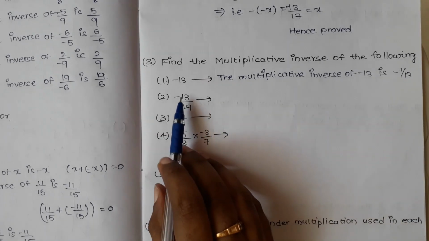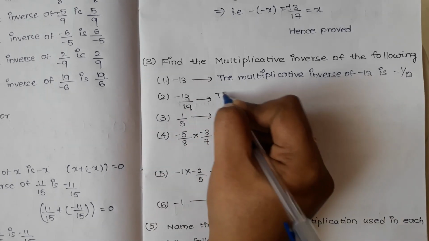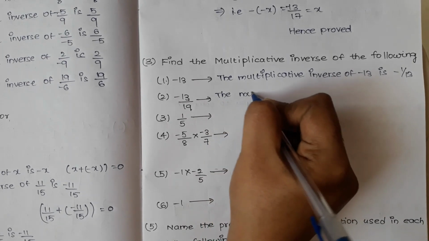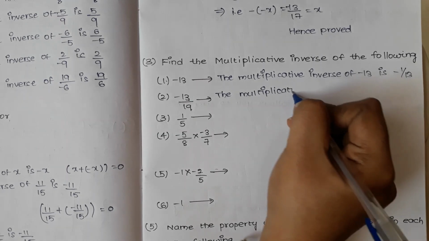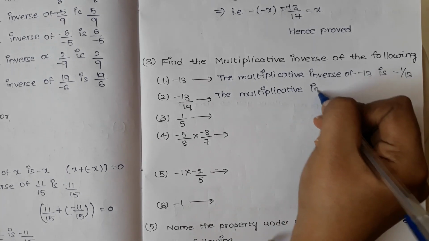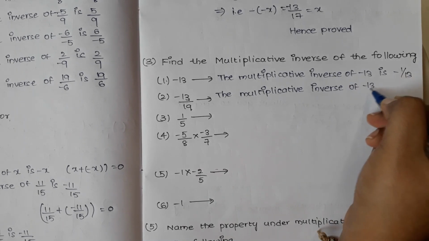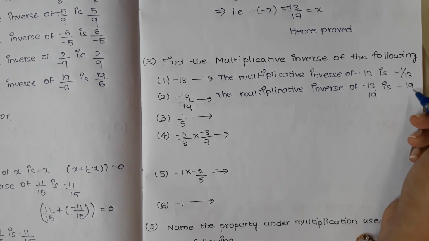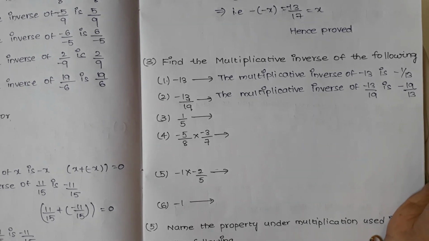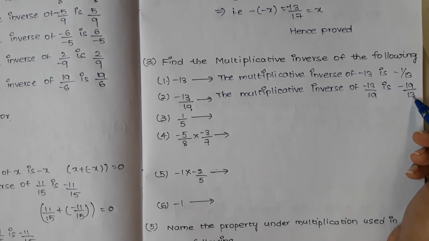And second question, minus 13 by 19. The multiplicative inverse of minus 13 by 19 is minus 19 by 13, which is the reciprocal of the given number.